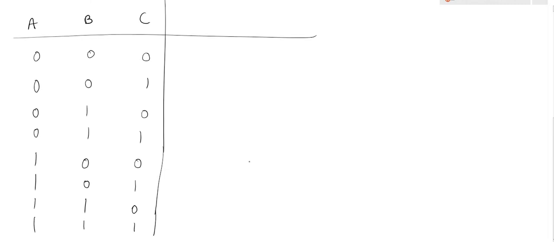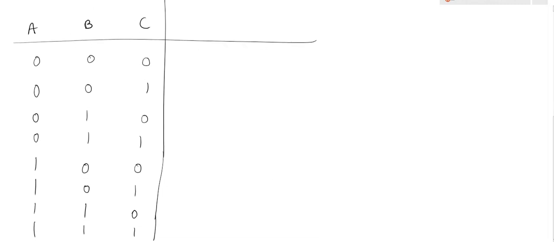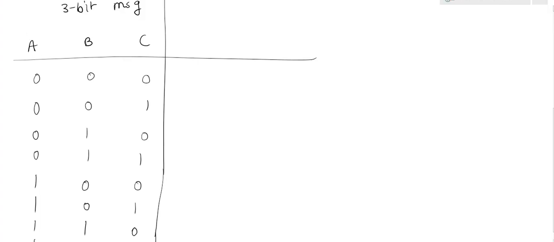Now this is my data, and this data the sender wants to send to the receiver. At the receiver side, it is checked whether the data is received properly or not.